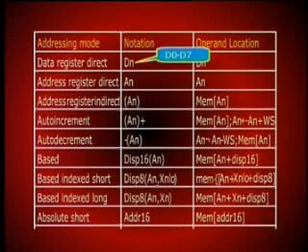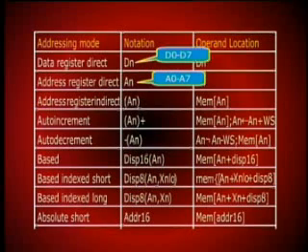The second entry is address register direct. That would mean now instead of data register, we have address register AN. Again, N ranges from 0 to 7. The next one is address register indirect.